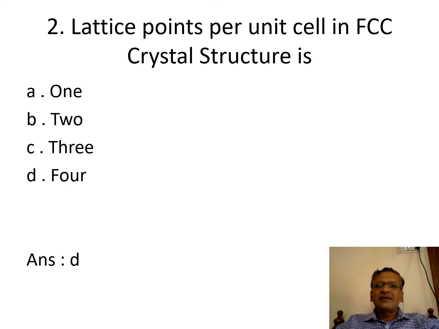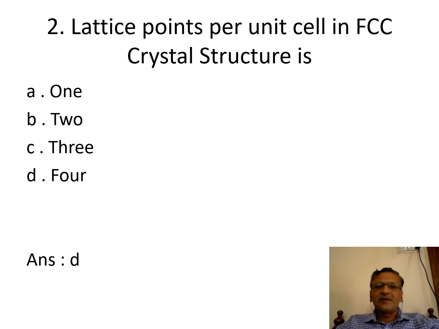Lattice points per unit cell in the case of FCC structure is A 1, B 2, C 3, D 4. The correct answer is 4, because we know in the case of the FCC structure there are 6 faces, so 1/8 times 8 plus 6 divided by 2, which is 3, therefore 1 plus 3 is equal to 4.